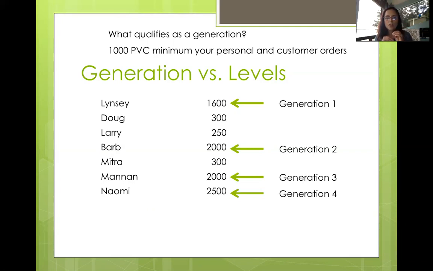She's still going to make money off of Doug and Larry, but Barb is her first generation. That's important, as long as Lindsay has reached the virtual franchisee position and is herself qualified. Barb is her first generation, Manan is her second generation, Naomi is her third generation, and the computer is going to keep searching for more.